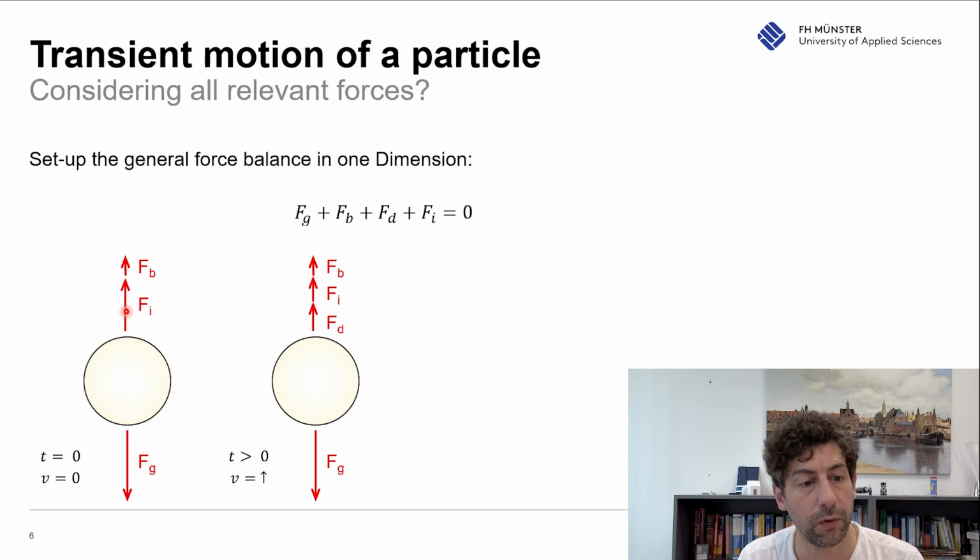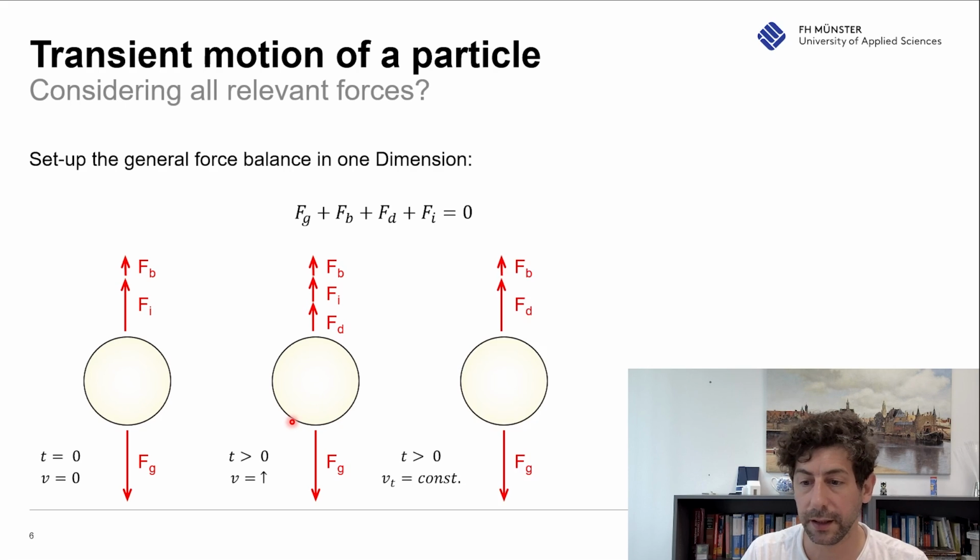So here there's no movement, no velocity, and this means we have maximum inertia and no drag, and then the particle starts to move, the velocity increases, the drag increases as a resistance against the velocity through the fluid, and with this the inertia decreases because the acceleration decreases. And if we wait a little bit longer, time is even increasing, and what happens is that we reach a final constant velocity.